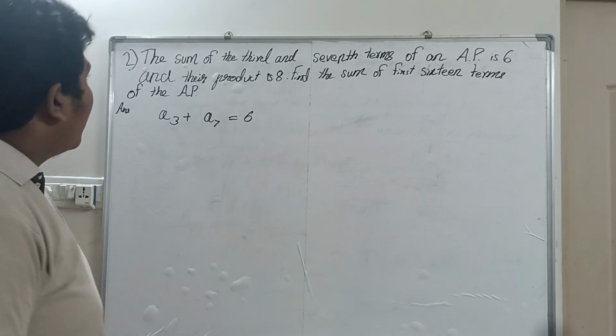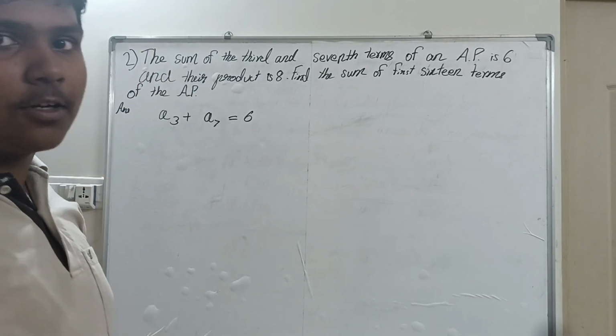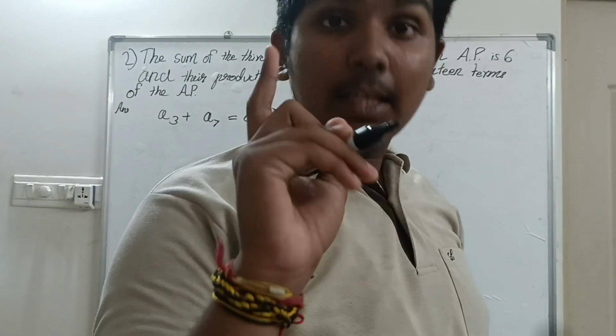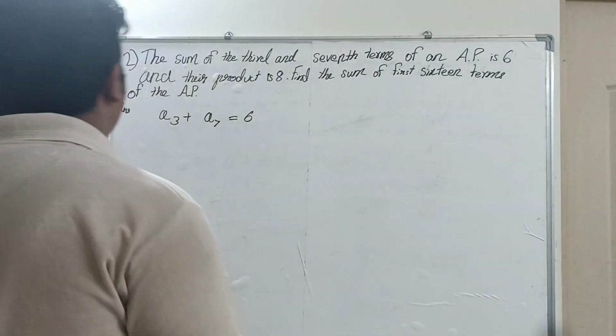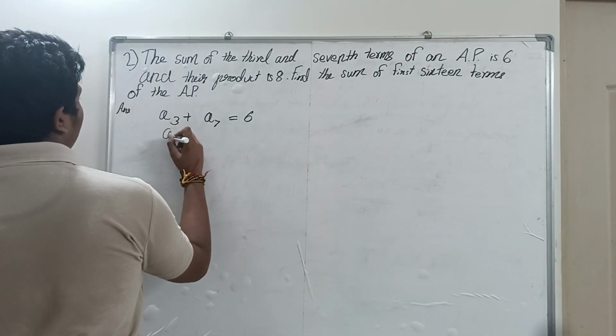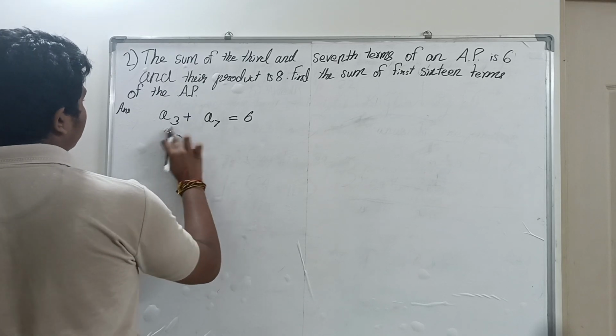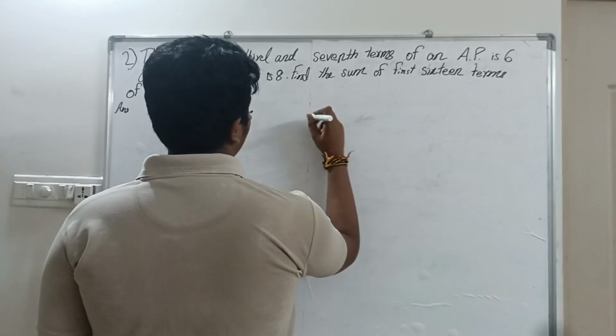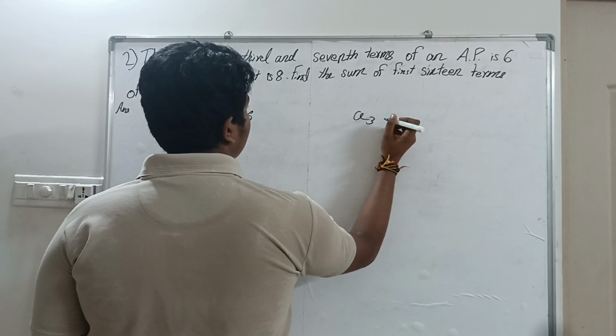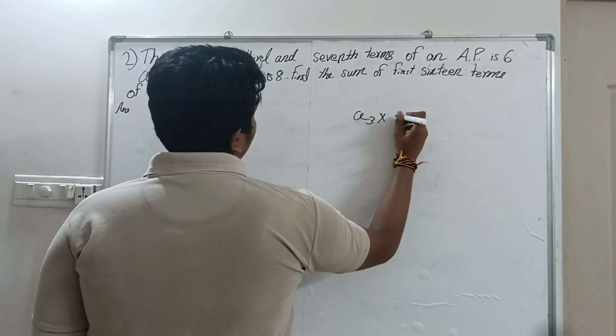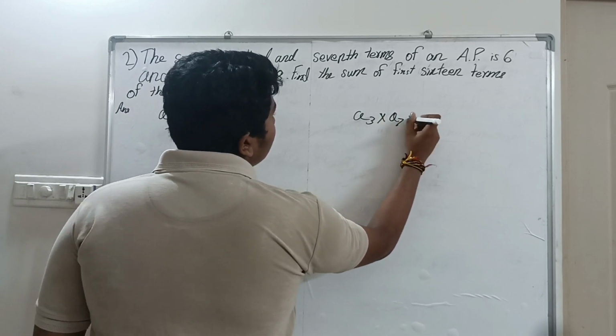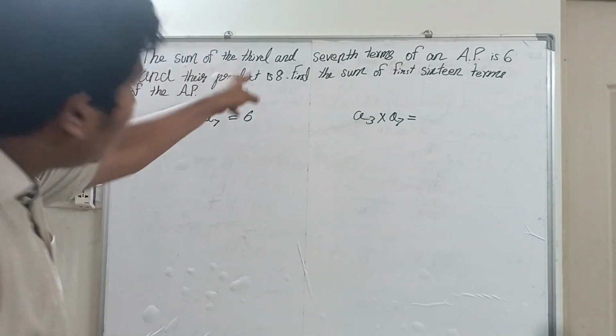And the product, what does product mean? Yes, multiplication. So A3 into A7 is equal to 8.